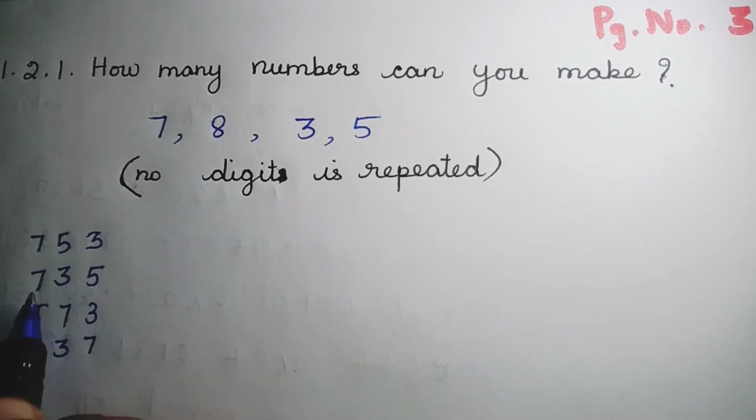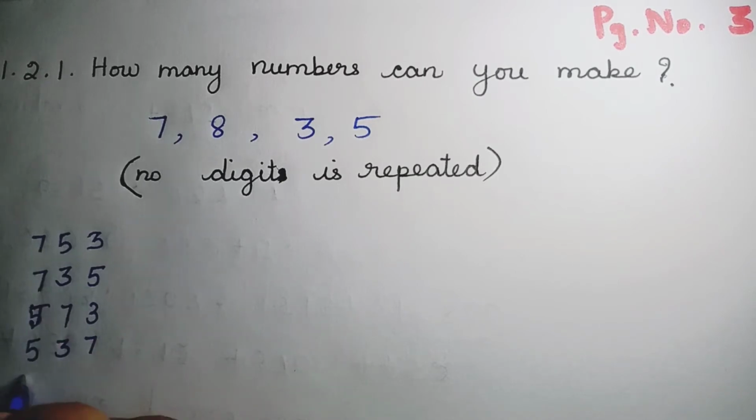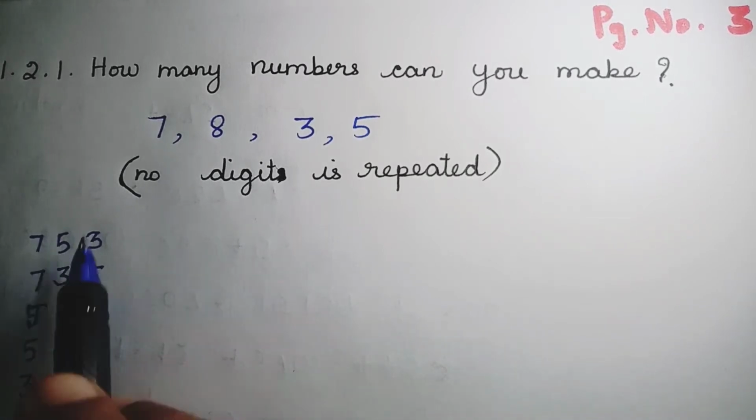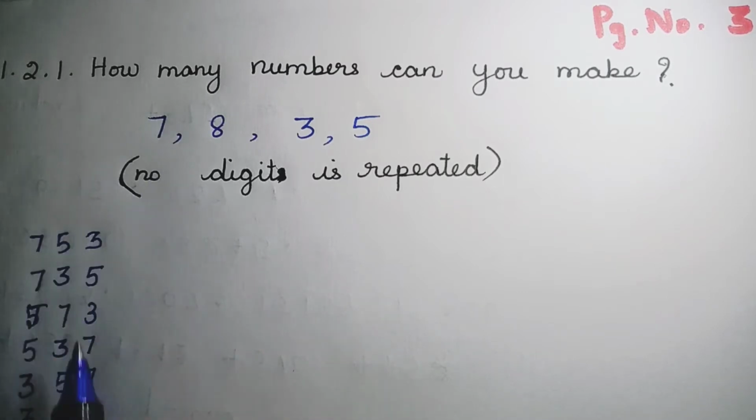We have shifted this 5 to the first place and moved the 7 over here. Then what are the possibilities left out? You can use this 3 at the first place. Here you can shuffle both 5 and 7. So 5, 7, 7, 5. These are the 6 possibilities for a 3 digit number.